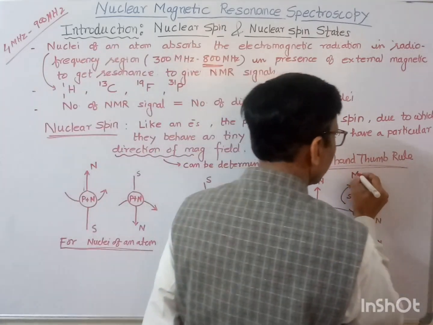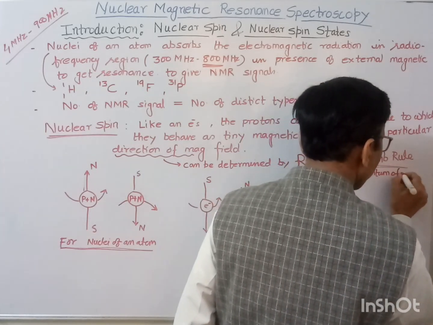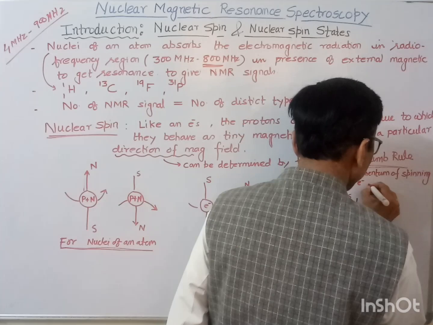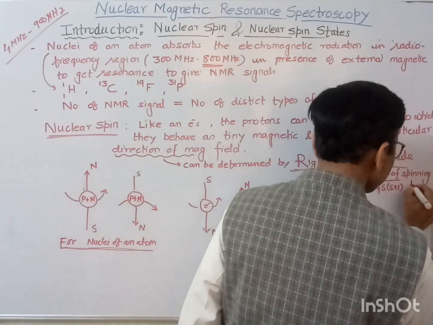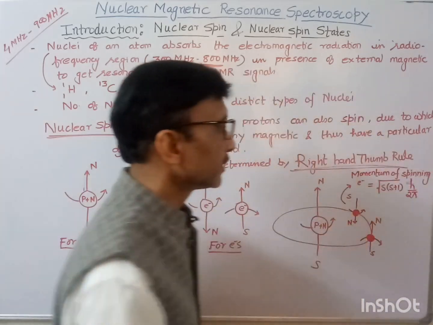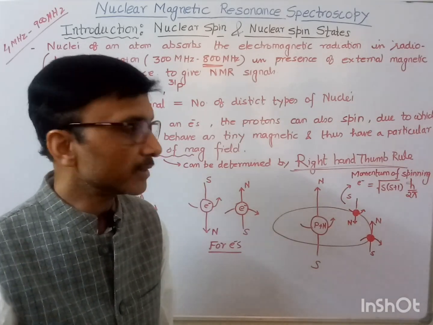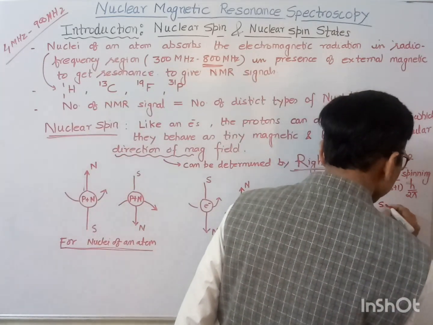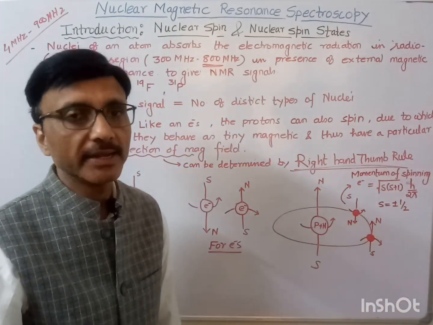The momentum of a spinning electron is given by the formula root over s(s+1) h upon 2 pi, where s is the spin quantum number of an electron. We know that the spin quantum number of an electron is plus or minus half.